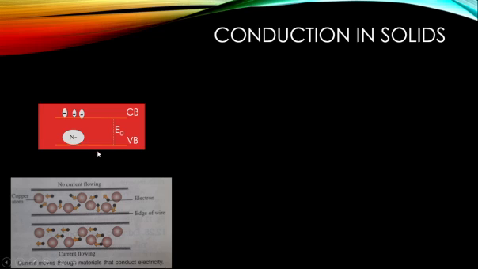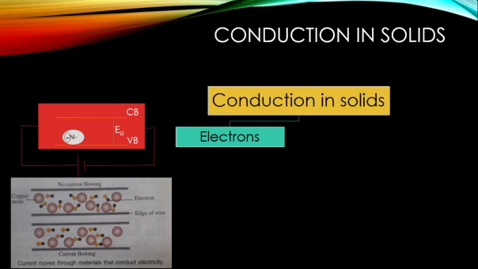When we connect such a material to an external potential, what will happen? It will get further energy. So the electrons in the conduction band will move towards the positive potential of the cell. That is called the conduction due to free electrons.